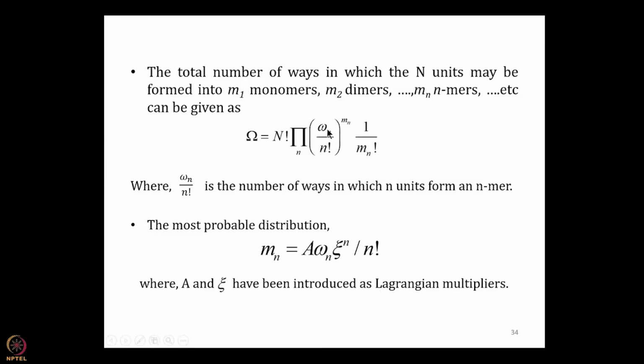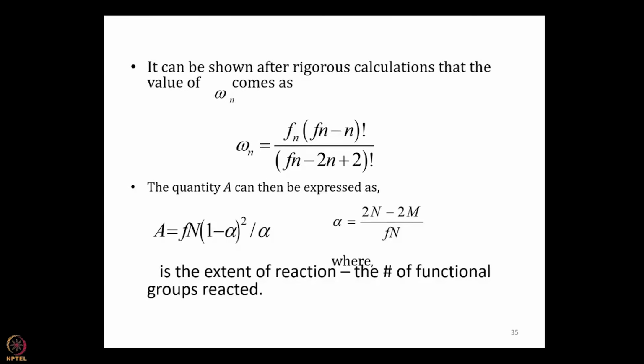Remember in Mayer's theory, we expressed omega_n or b_l in terms of the irreducible cluster integrals beta_n. So that is now done. In this case, omega_n can be evaluated directly, and that is given here. The story goes in the following way. In Mayer's theory, I told you the relation between cluster integrals.